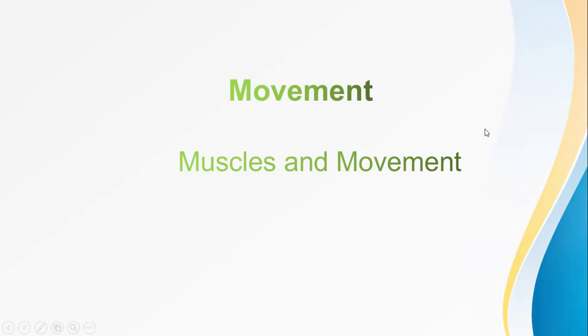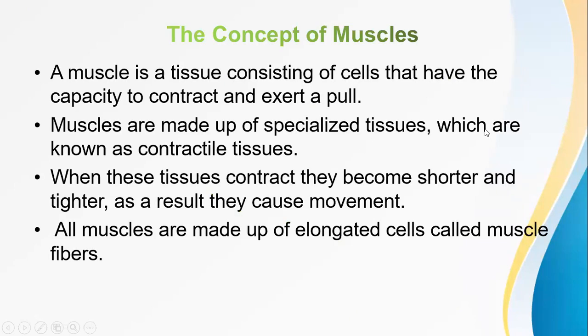So let's start with the concept of these muscles. A muscle is simply a tissue that consists of cells that have the ability to contract and exert a pull, or a push, to enable movement.